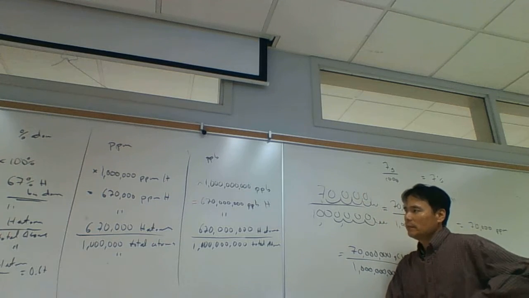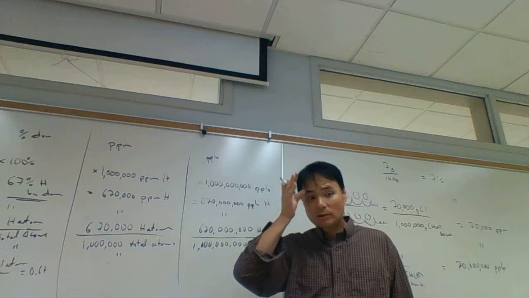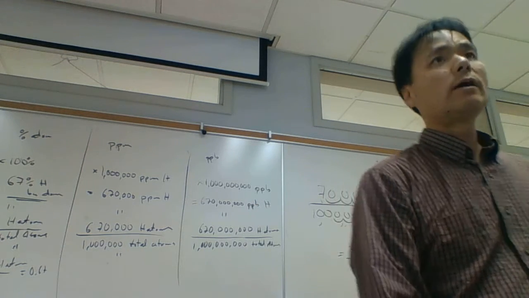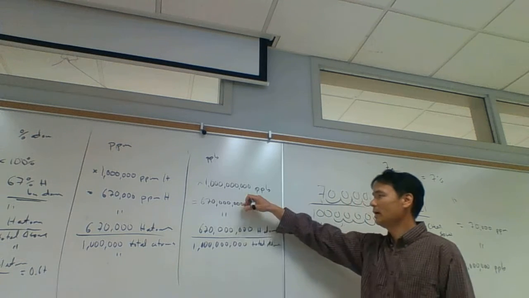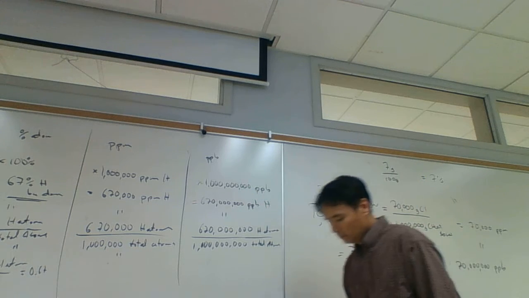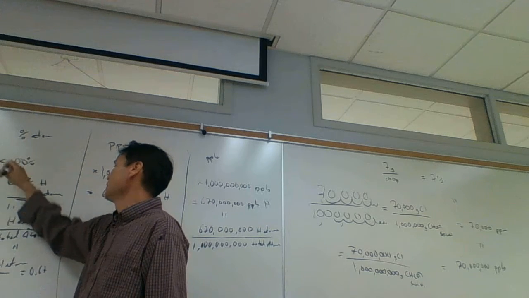All right, so we're going to be dealing with percentages, parts per million, parts per billion, and maybe parts per trillion. How would we get a parts per trillion? We'd multiply it by a trillion ppt. And so it follows all the same rules that you have for percentages.